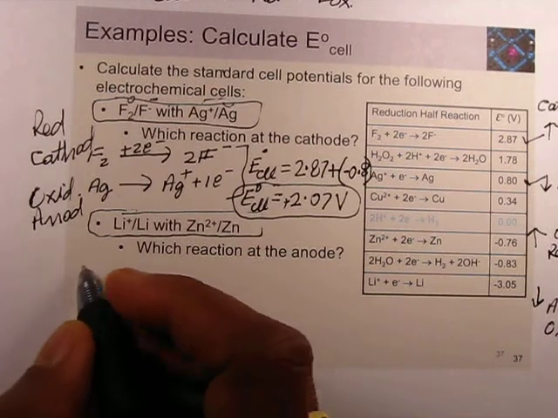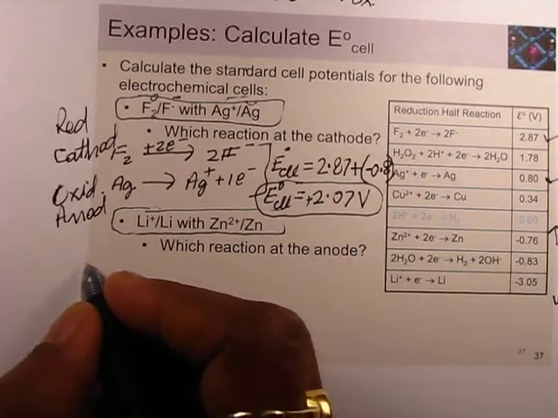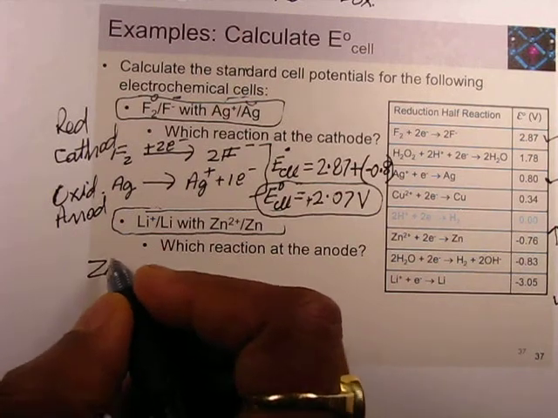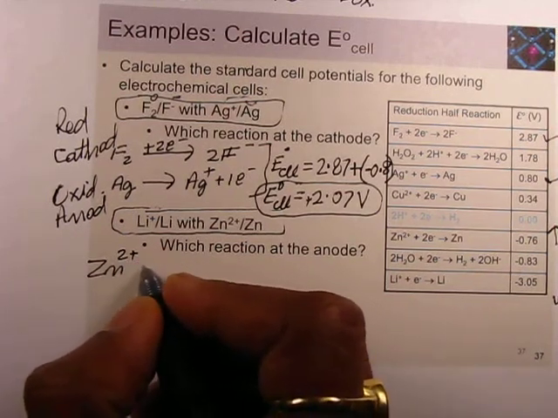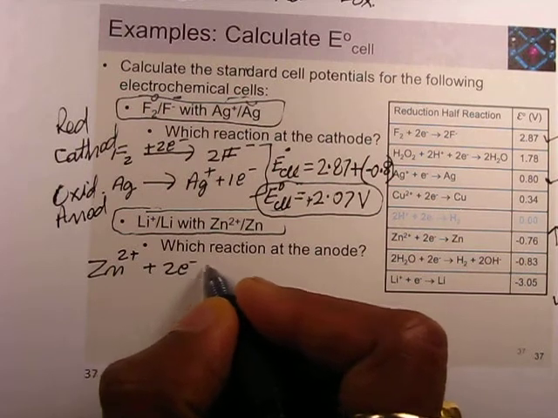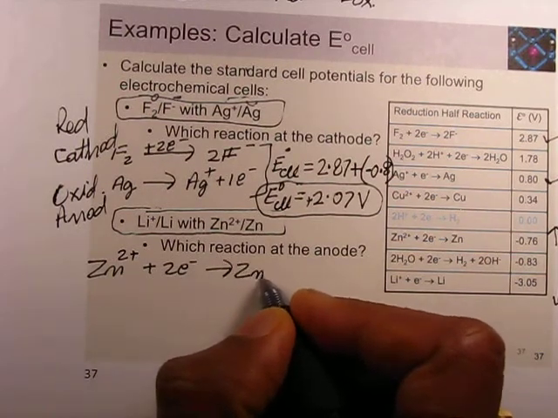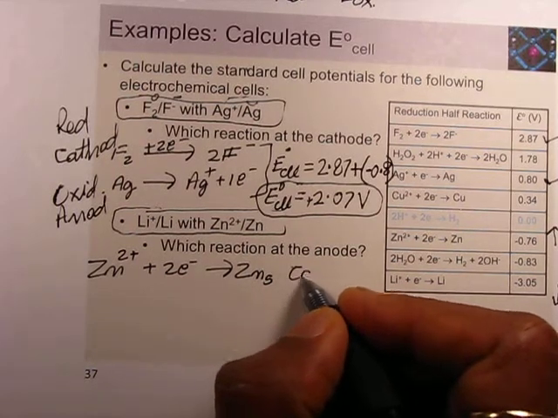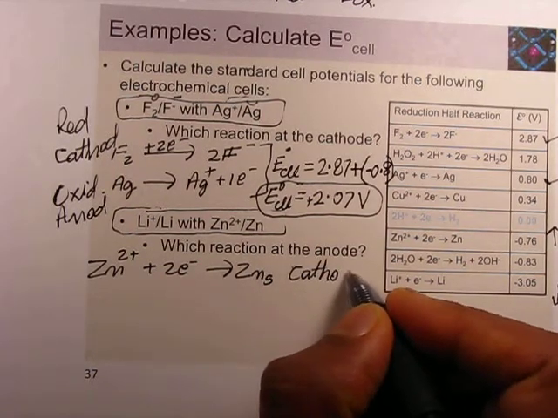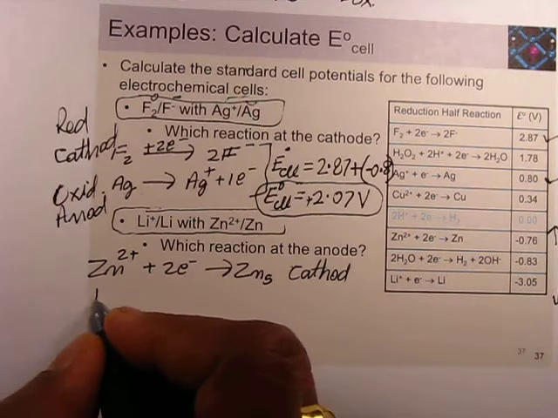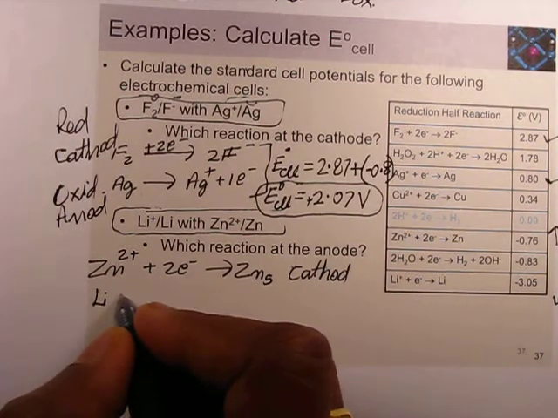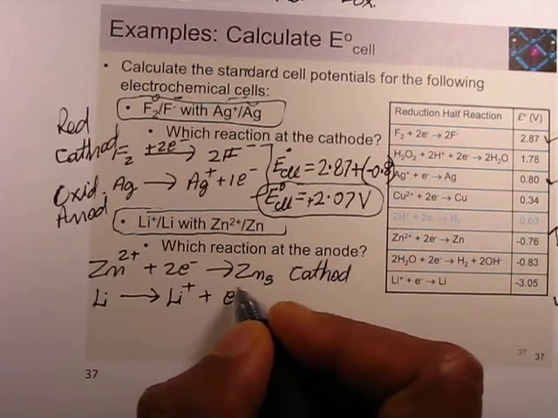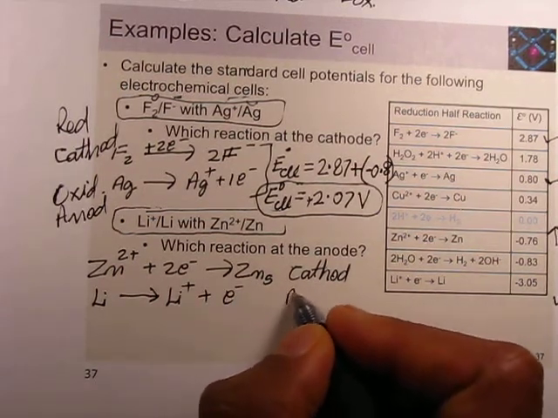So this reaction works like this: zinc ion will take 2 electrons and become solid zinc. This reaction will happen at the cathode, and lithium will oxidize to lithium ion, and this will become the anode.